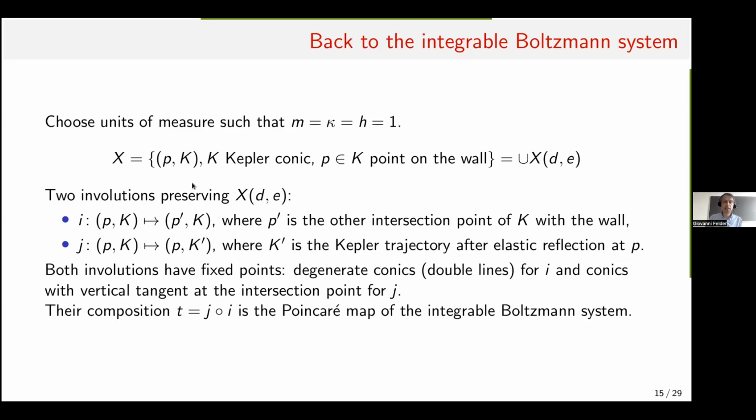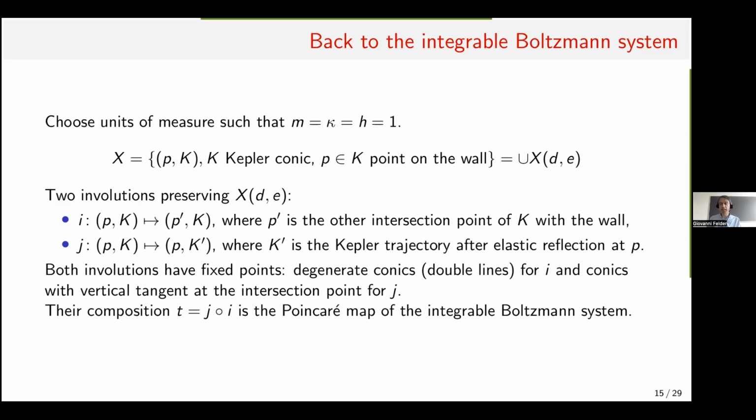Then, let's consider this incidence variety. What is it? We have P, a point on the wall of our billiard, and K is a Kepler conic, a Kepler trajectory, which goes through this point. This is a union of such level sets for our two integrals of motion. Again, we have two involutions which preserve each level set. One involution will map the pair (P, K) to the pair (P', K), where P' is the other intersection point of K with the wall.